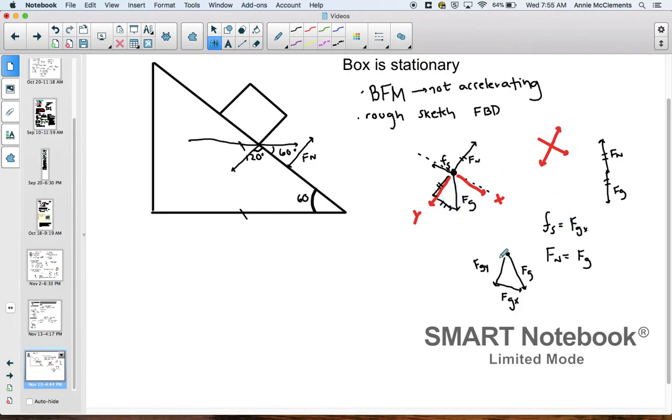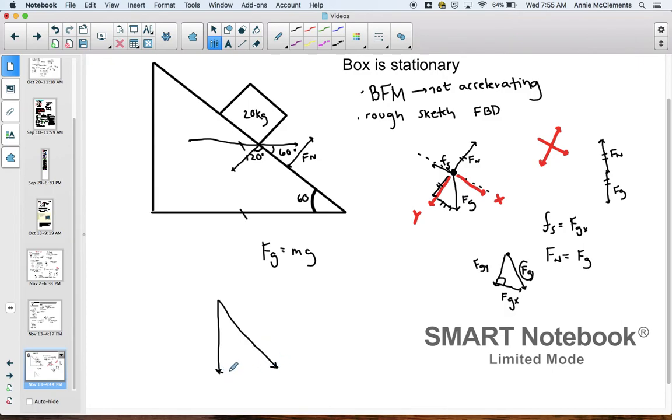So the question is, how do we determine the angles of these triangles? Because we can find Fg. If we have the mass of this box, say it's 20 kilograms, we know that Fg is going to equal mg. So we could find the hypotenuse of this right triangle. I'm going to draw this a little bigger down over here so that we can see it a little better.